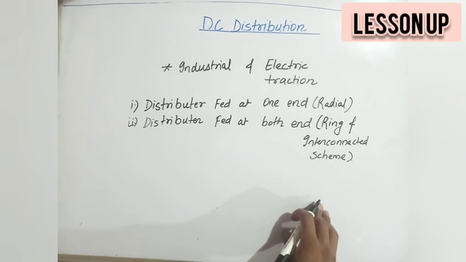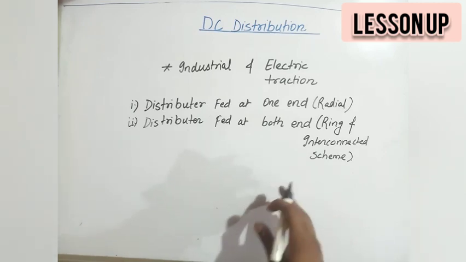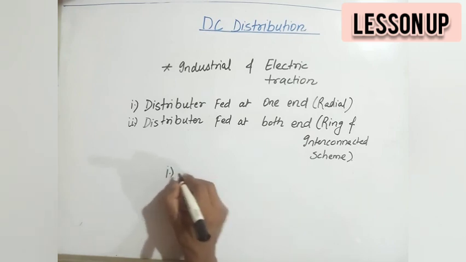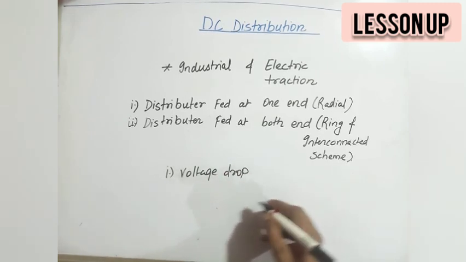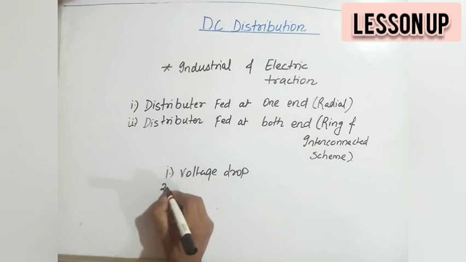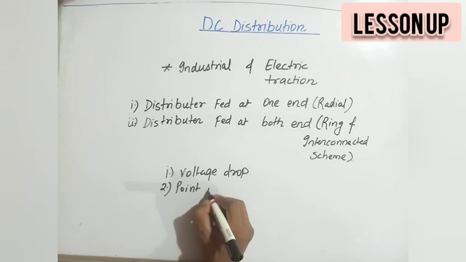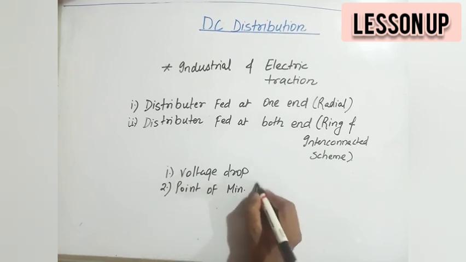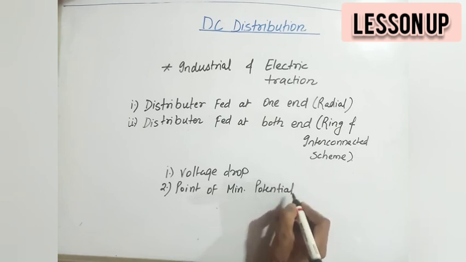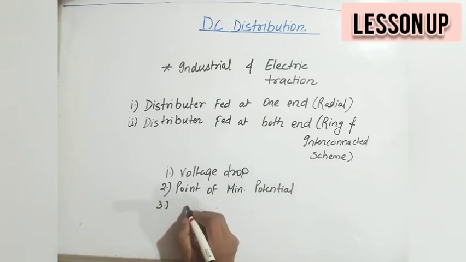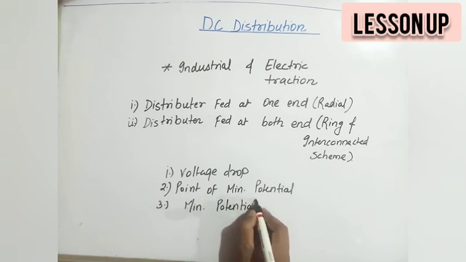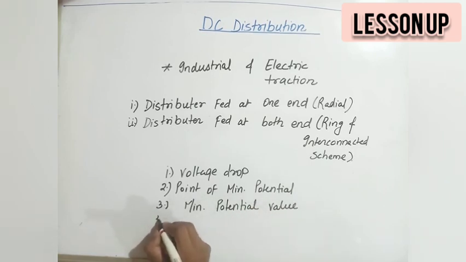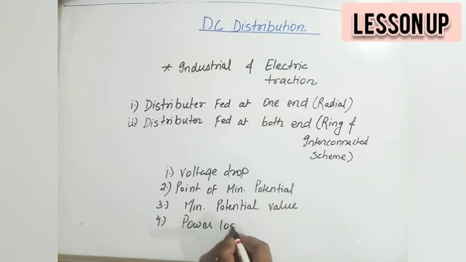Now in DC distribution we need to calculate voltage drop, point of minimum potential, value, and fourth one is power loss.